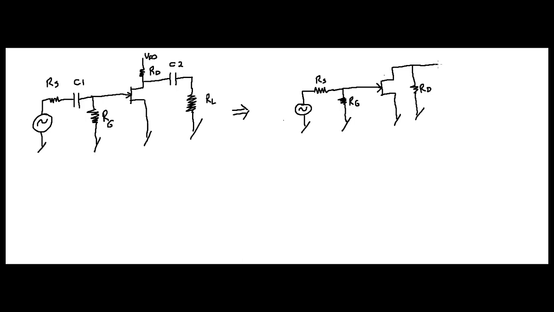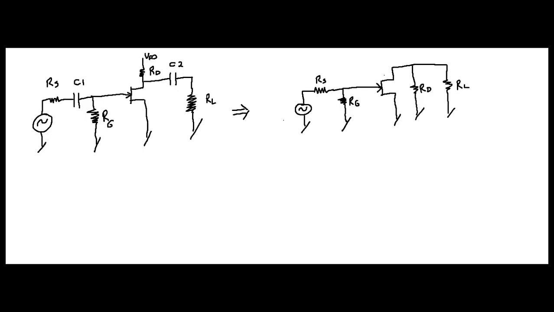Then you're going to go through a capacitor, C2, but guess what? We don't need to include that, do we? Because we're talking high frequency, right? That can go away. And then we're going to come down through another resistor, which is RL, right? But guess what? These two are in parallel.